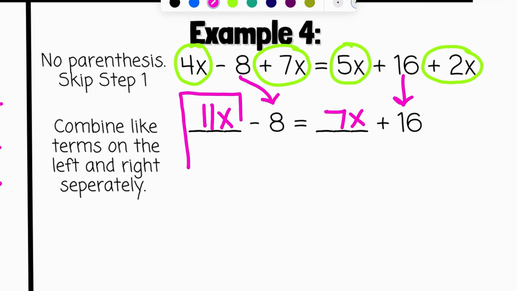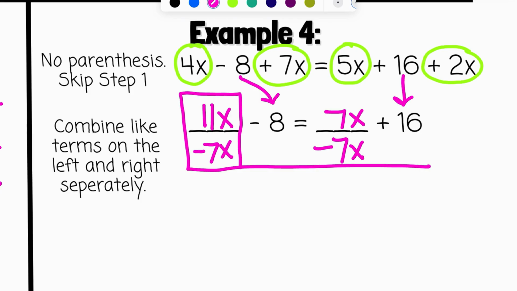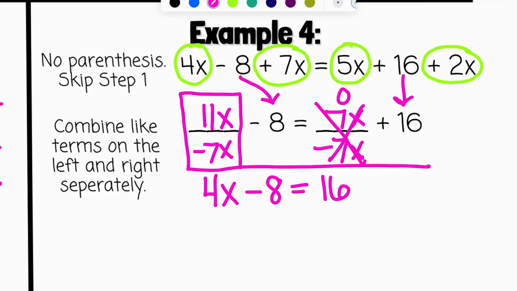Okay, now it's time to box and solve. So if I box my 11x, that means I'm moving my 7x. It is positive, so to make a 0, I would subtract 7x. Okay, 0 pair here. 11x minus 7x is 4x. Bring down the minus 8 equals positive 16.